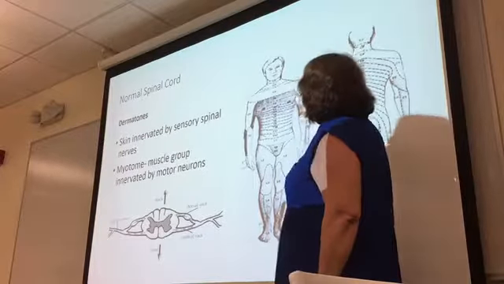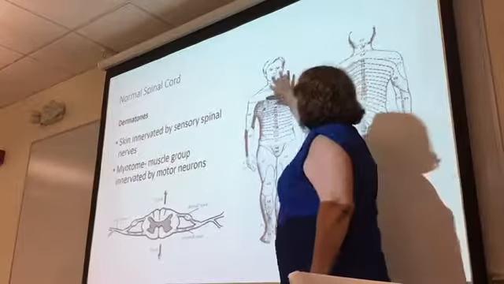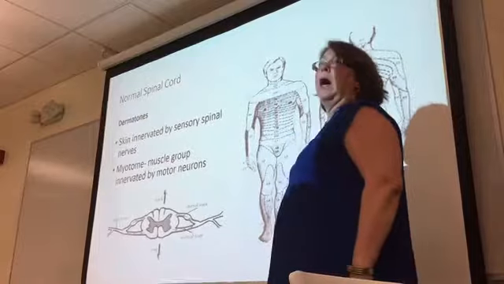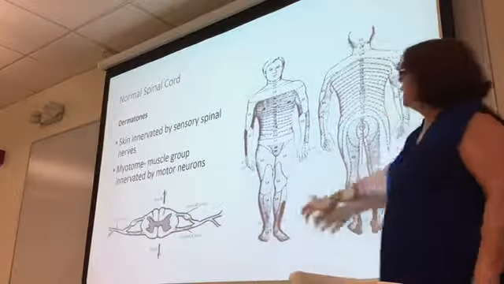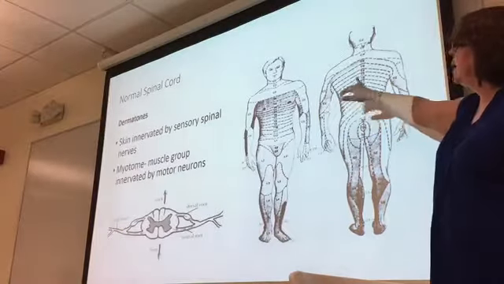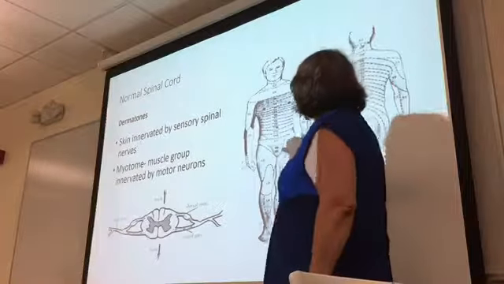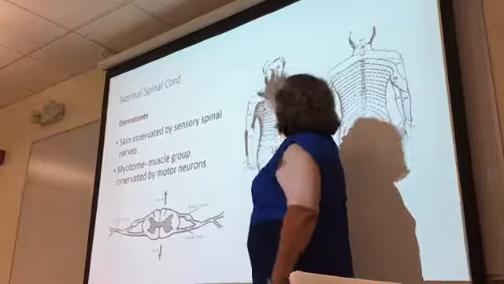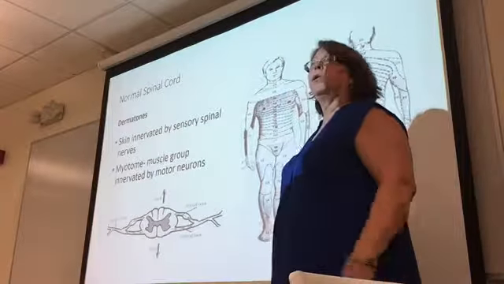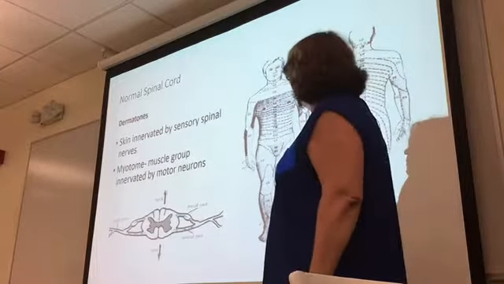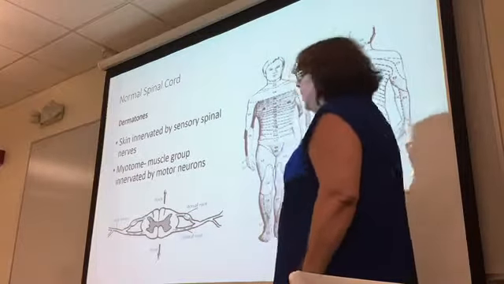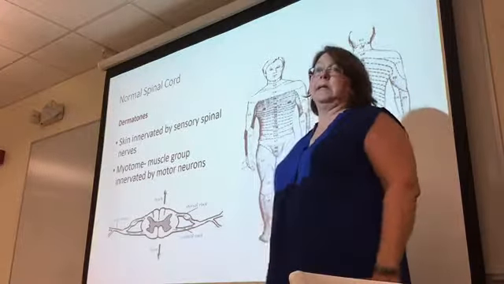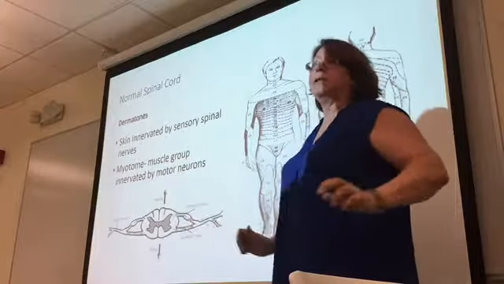I know C5 innervates the upper part of the arms. C6, the lower half. So basically, all the C area is quadriplegic, even though sometimes when you get to C6, 7, and 8, they can be independent and they can wheel themselves in a wheelchair.